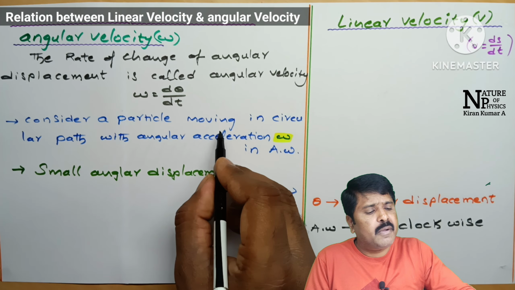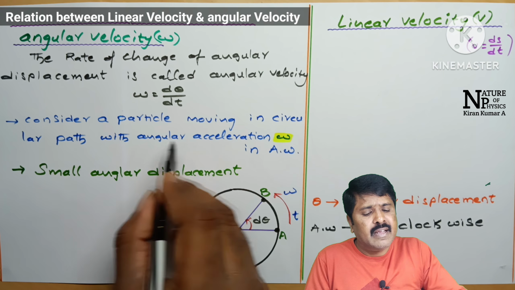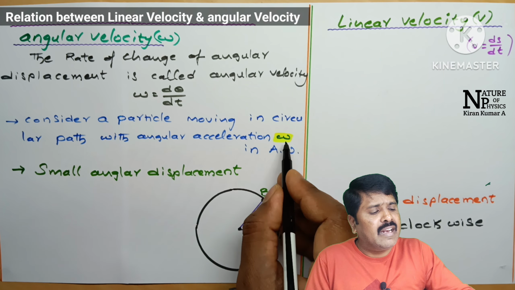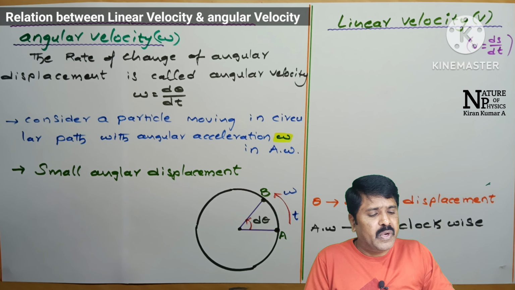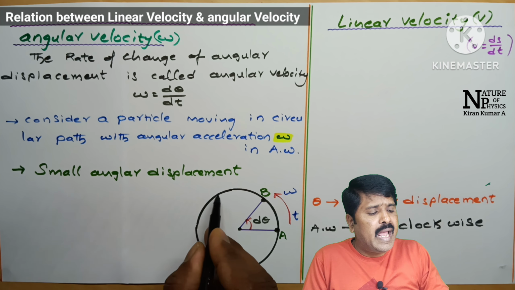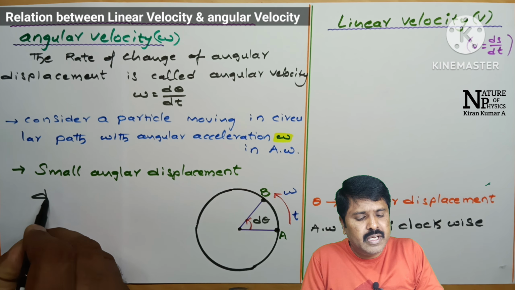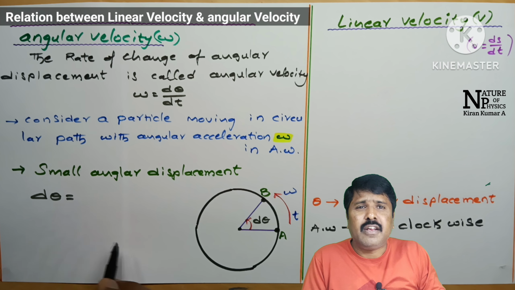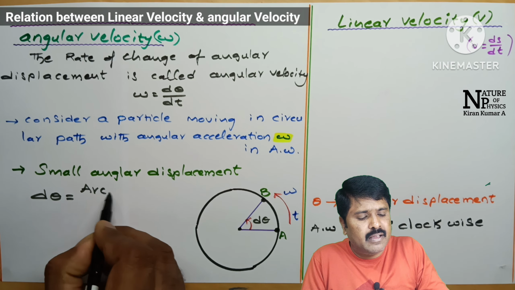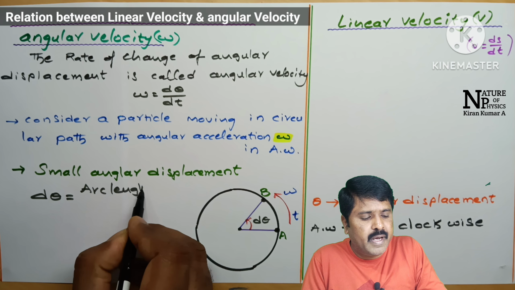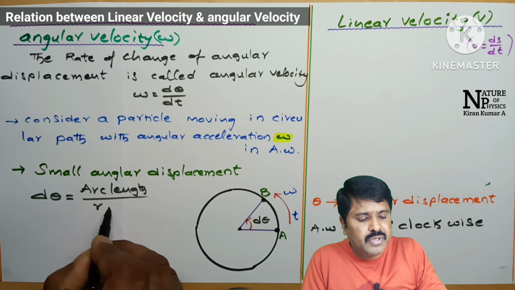Okay, consider a particle moving in a circular path with angular velocity omega in anti-clockwise direction. So the small angular displacement d theta is, writing students, angular displacement is equal to arc length divided by radius.